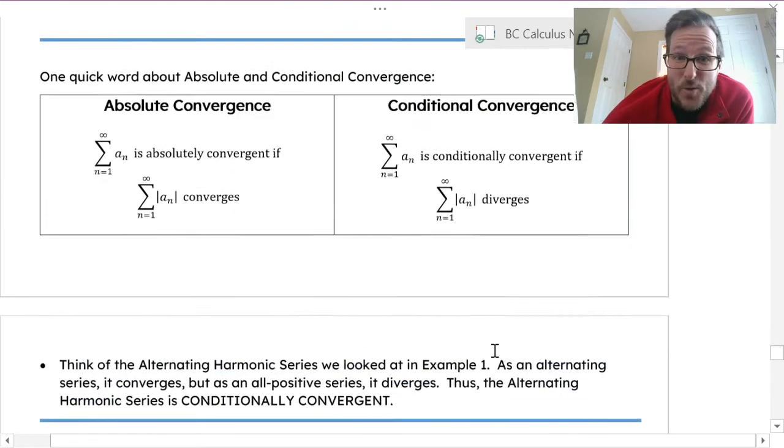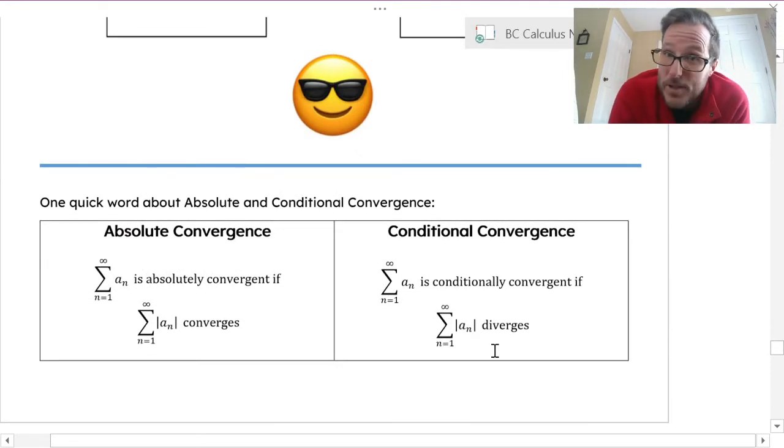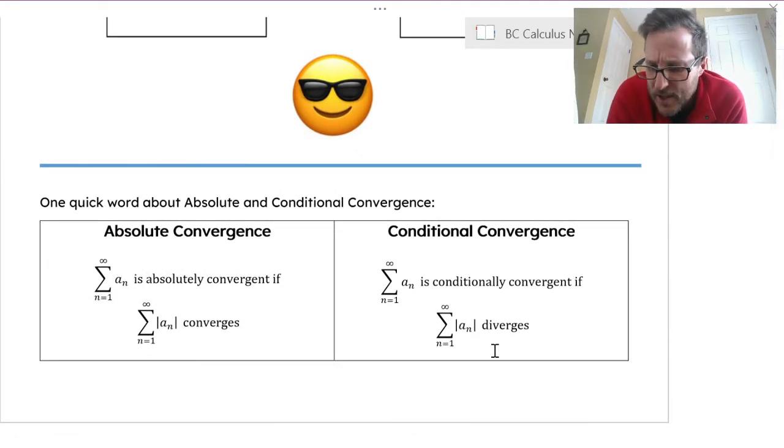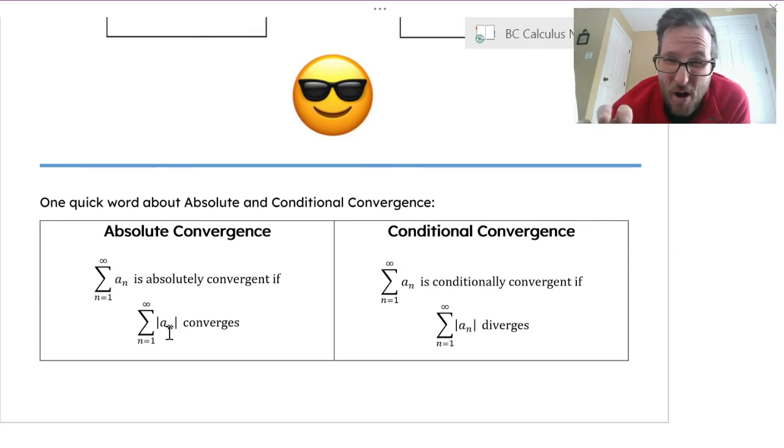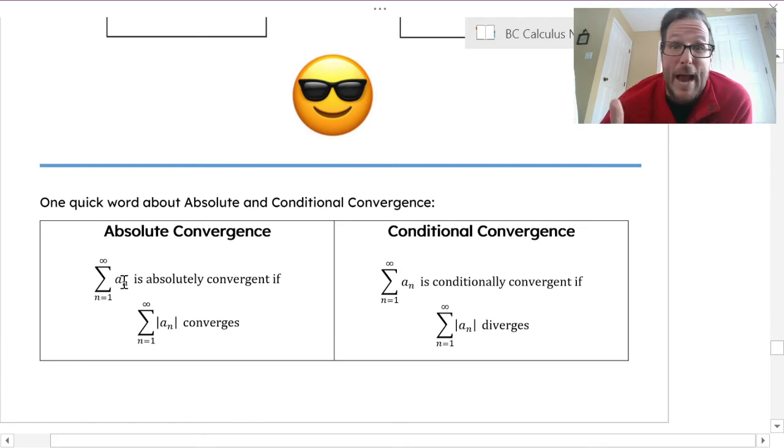So that's alternating series remainder. Now, a quick word about absolute and conditional convergence. This is something, again, on the AP exam. Absolute convergence means that if the all positive version of the series, the absolute value of a sub n, which takes the alternating out of the equation, converges, then the sum of a sub n is absolutely convergent.